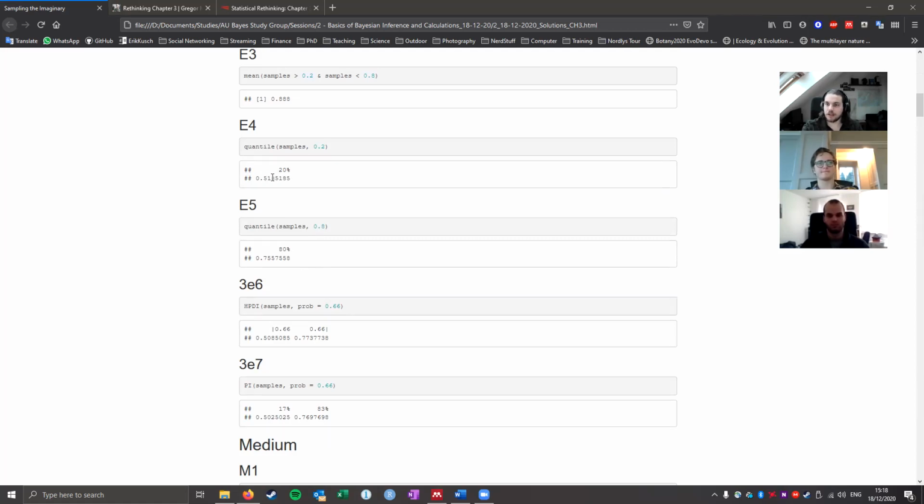So 20% of all samples lie below this number right there. On the other hand, we can do that same thing for 0.8, and there we get to see that 80% of all samples lie below that value right there. That's as easy as it gets.